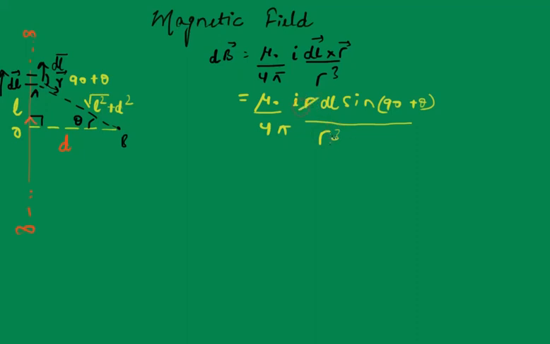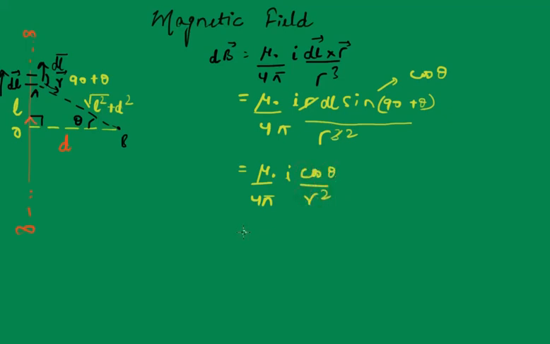So r will cancel, and you will have r square. And what is sine of 90 plus theta? That is cos theta, right? So let's put the value of r as well. It becomes mu naught by 4 pi I into cos theta by r square.